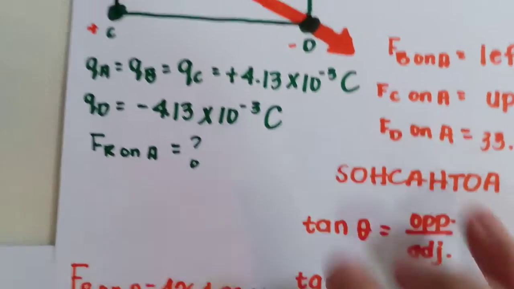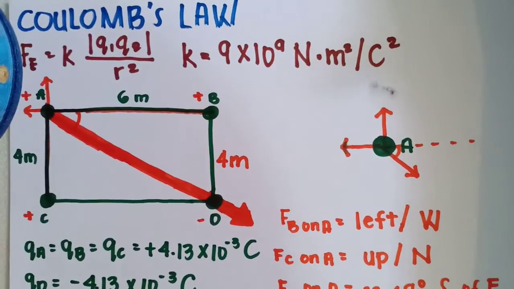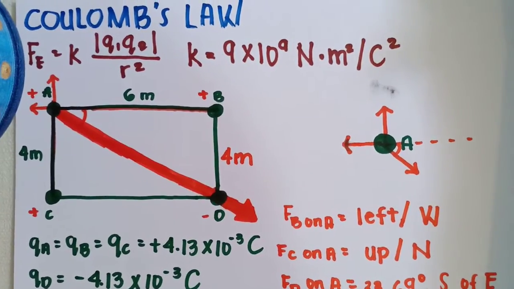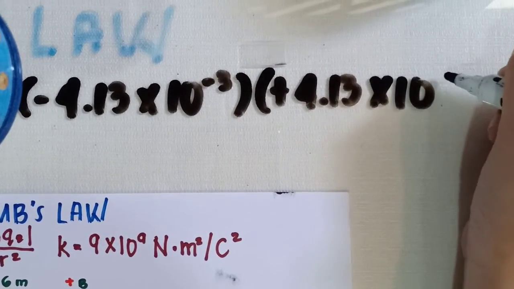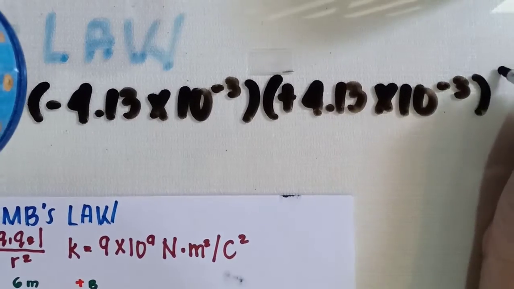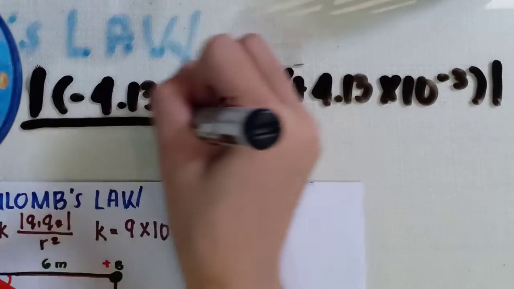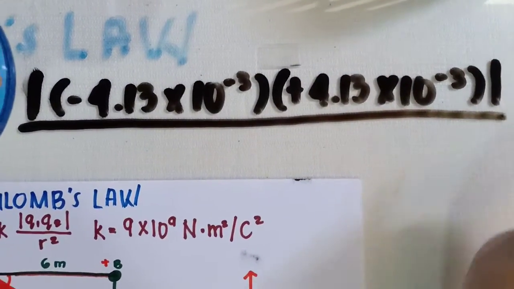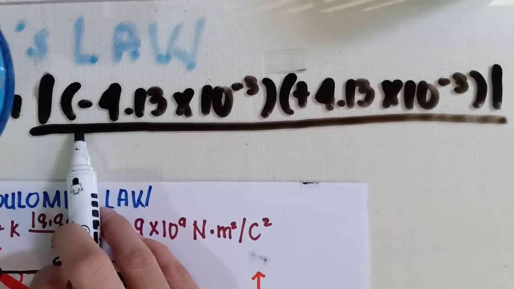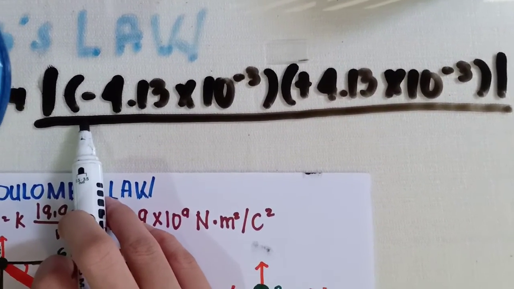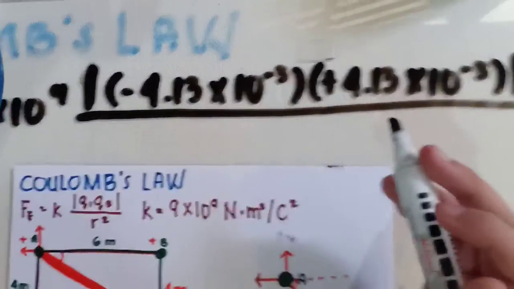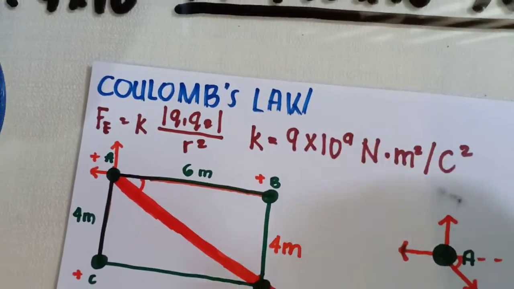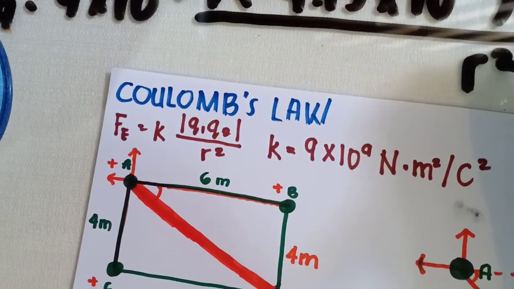Then, A is positive 4.13 times 10 to the power of negative 3. Absolute value. So even if positive and negative, if you multiply that, supposedly it's negative. But since it's absolute value, it's positive. Then all over r squared, right? Yeah, r squared is the distance.